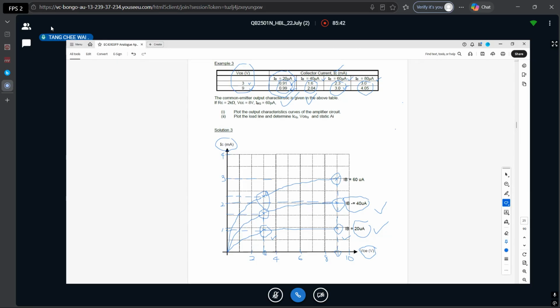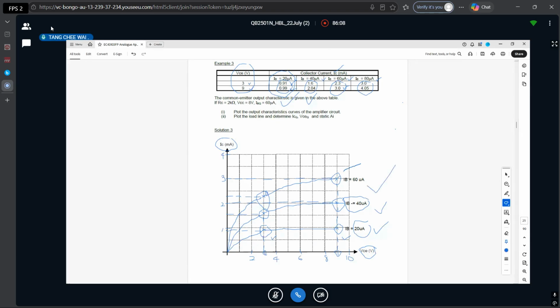Correct? After a while, you know what to do. I think very straightforward. Okay. Then I get my second point here. Yeah. So the 2 points I get, I just draw the line, the curve, and this will be for my base current at 60 microamps. Done. Okay, done.